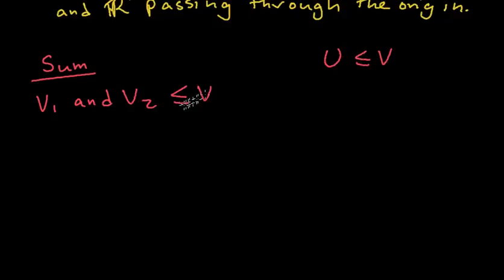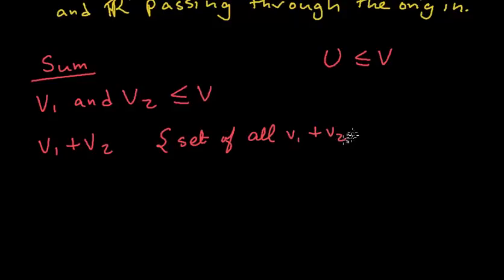Say V1 and V2 are subspaces of V. Then the sum of these two subspaces, written as V1 plus V2, is the set of all elements v1 plus v2 such that v1 belongs to V1 and v2 belongs to V2.